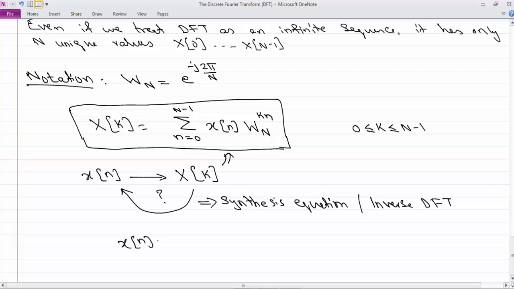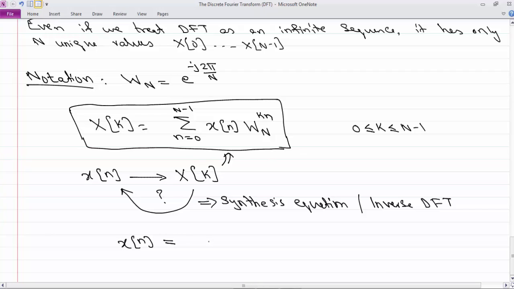Now DFT, as we talked about at the start, is a transform of a discrete sequence, but it's a discrete transform itself. And because of that, your inverse DFT formula will still involve summations.